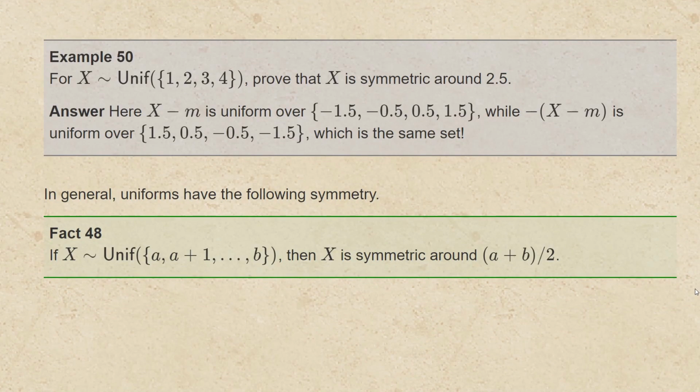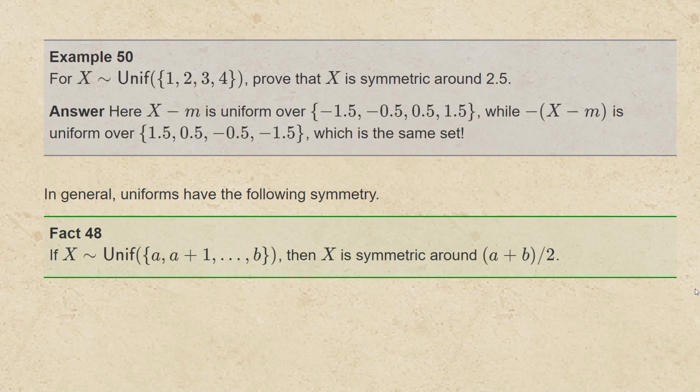For example, if x is uniform over 1, 2, 3, and 4, prove that x is symmetric around 2.5. Well, x minus 2.5 will be uniform over negative 1.5, negative 0.5, 0.5, and 1.5. While if we take the negative of that value, that's going to be uniform over 1.5, 0.5, negative 0.5, and negative 1.5, which is the same set.